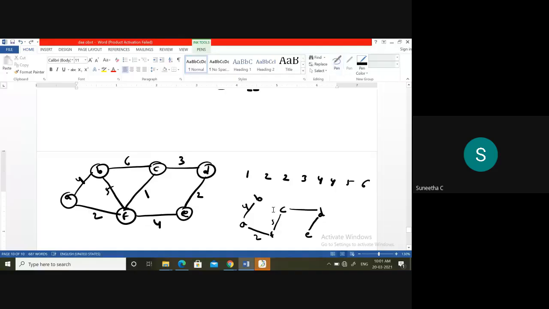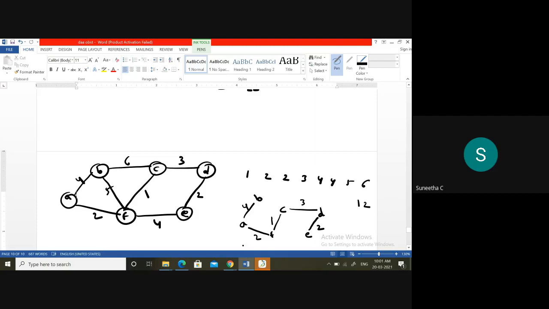This is one. Next CD, in the sense 3. Next DE is 2. So 5, 6, 6 plus 6 is 12 in this case.